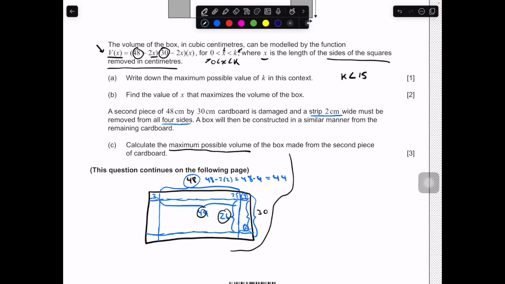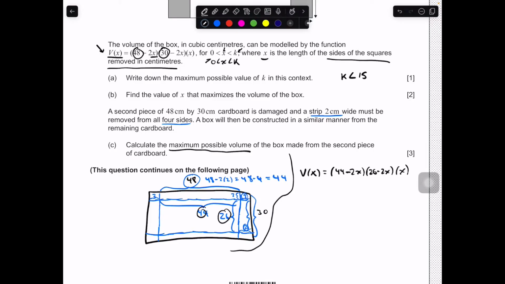And rather than go into a more lengthy explanation, let's just model a relationship between size of cutouts and the volume based on what we have here. So v of x, or we can just write volume, is equal to 44 minus 2x, 26 minus 2x, and then of course this is still going to be x.